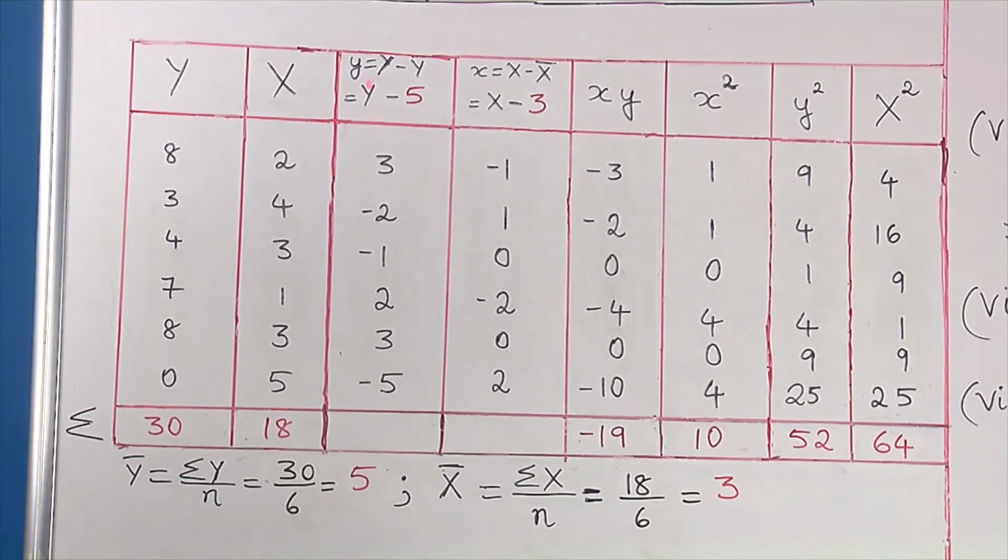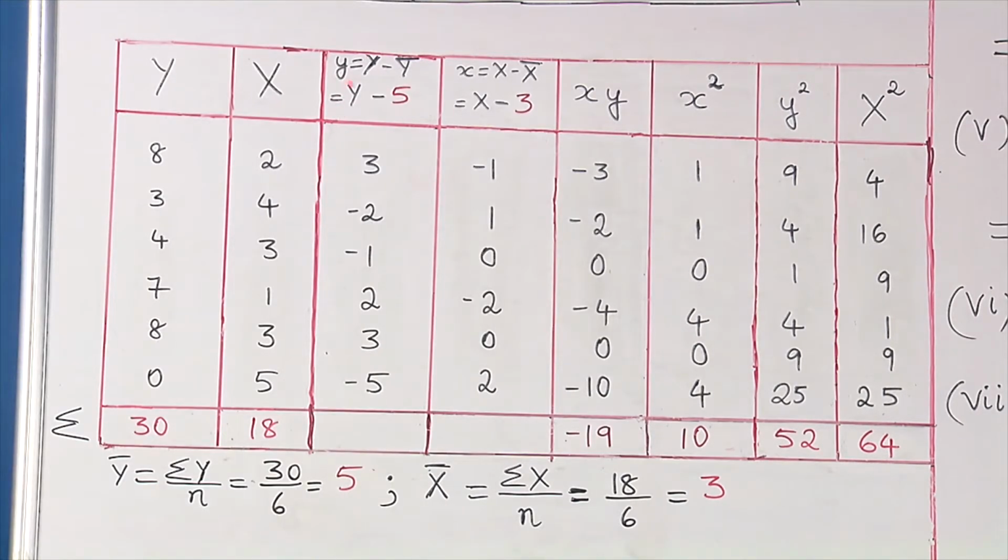The next column that we have to compute is the deviation small y, which is equal to y minus y bar. As we have already computed, y bar is 5.